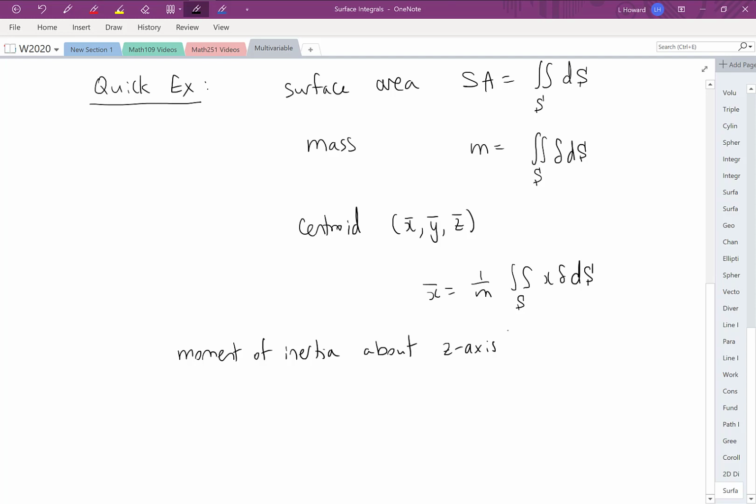For example, with respect to the z-axis, I sub z is the double integral over our surface of x squared plus y squared times our density times d capital S. These are the same integrands that we use for double integrals, triple integrals, and also line integrals. We're now just seeing these same formulas in the context of surface integrals.